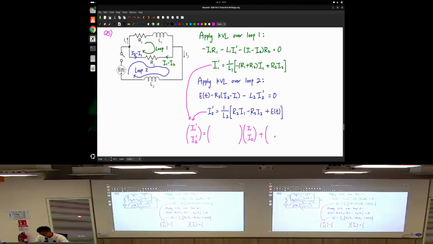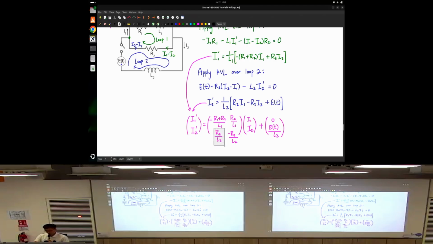So you have E of t over L2 at the second equation, then a 0 at the first equation, no excitation. This part you just have to put down accordingly. So this one will be minus R1 minus R2 over L1, then this is R2 over L1. Yep, so this is your system of ODEs.